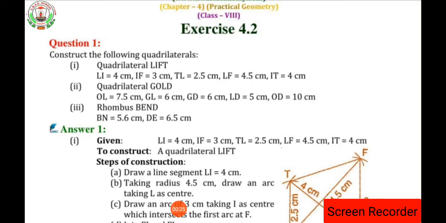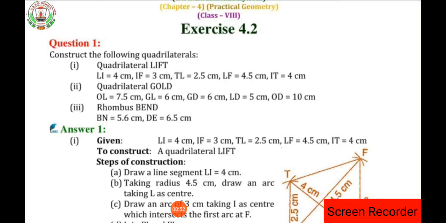where the measurements are given as LI 4 centimeter, IF 3 centimeter, TL 2.5 centimeter, LF 4.5 centimeter and IT 4 centimeter. Second, quadrilateral GOLD, where OL is 7.5 centimeter, GL 6 centimeter, GD 6 centimeter, LD 5 centimeter, OD 10 centimeter.